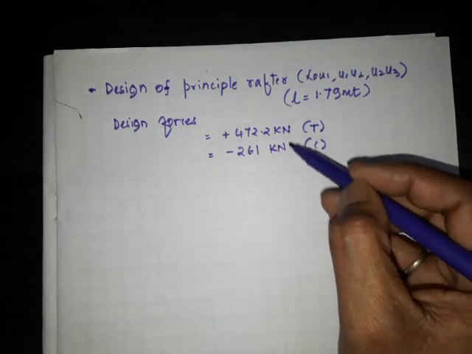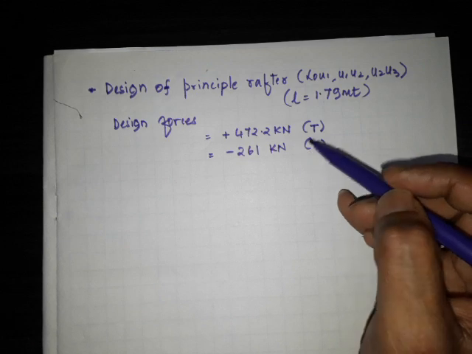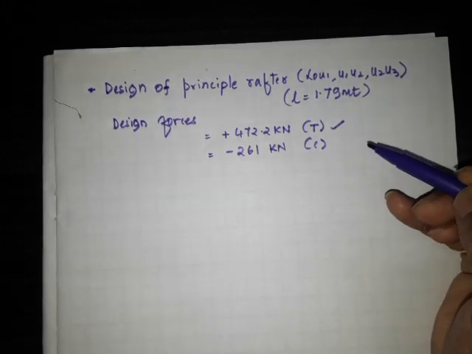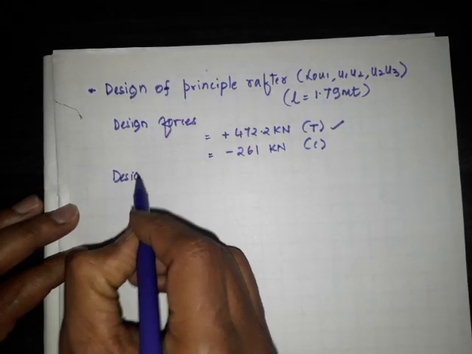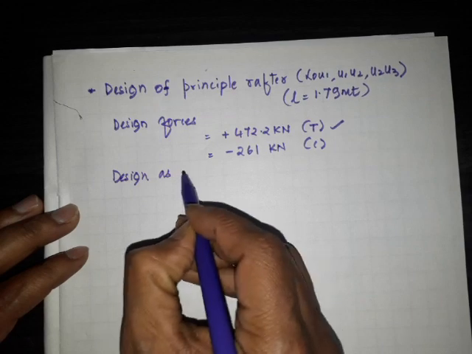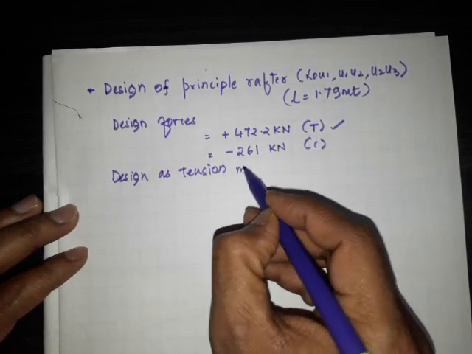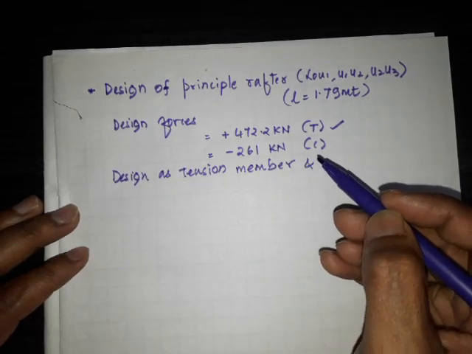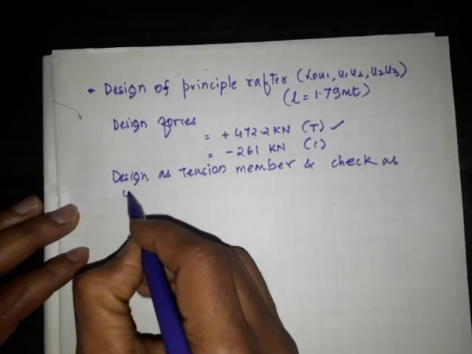Okay, so here we have both the forces, that is tension and compression. So the maximum force is tension here. So what you have to do: design as tension member and check as compression member.